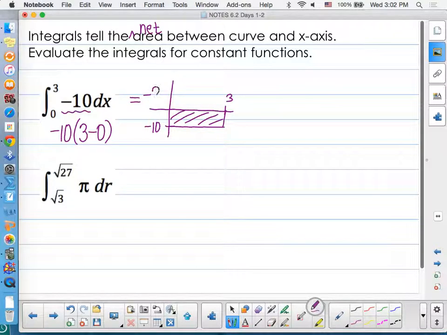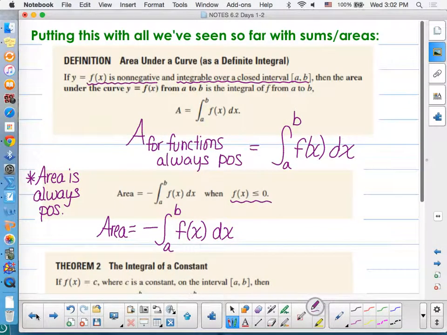My integral's value then is negative 30. If the question were what's the area between the curve and the x-axis, the area is positive 30 because, let's go back to this rule, it says the area is the opposite of the integral value when the function is below the x-axis, when the function's values are all negative.